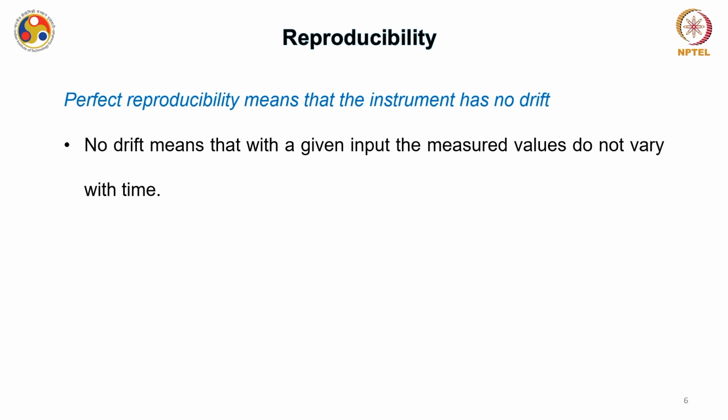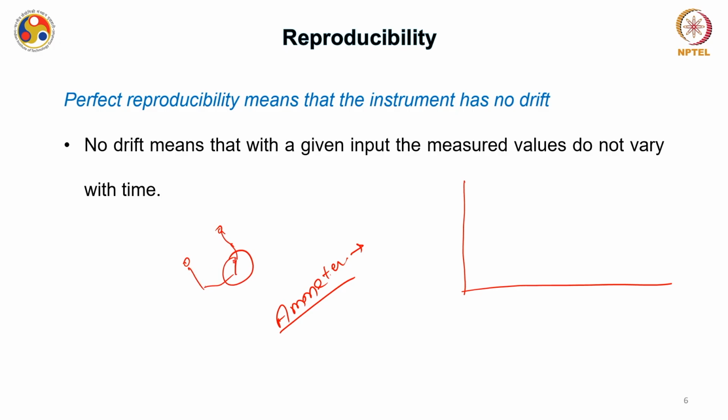When I say there is no drift, it means that with a given input the measured value does not vary with time. So, let us try to understand this with an example. Say I have an ammeter monitoring the current across a sensing device. I am trying to measure the current across this continuously. No drift means that with a given input, the measured value does not change with time.